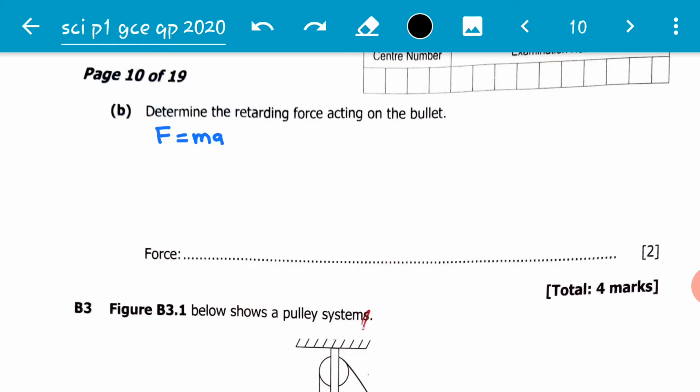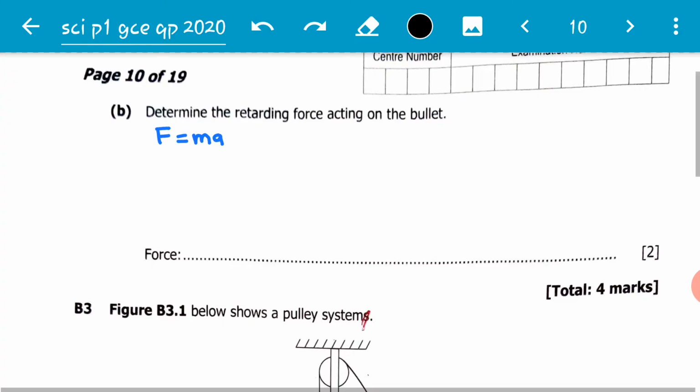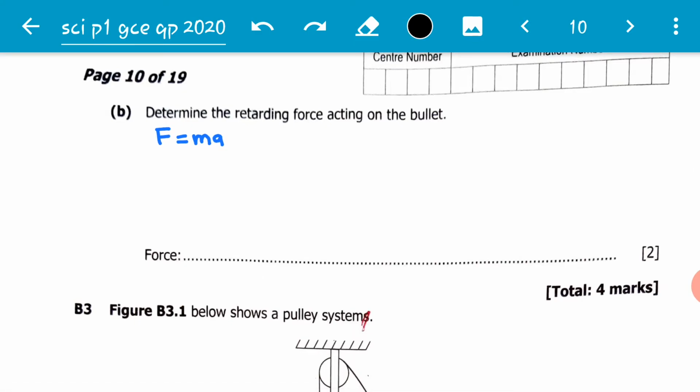So we know that the mass of the object is 50 grams. Now, whenever we are solving questions involving mass or force, we are not supposed to use mass in any other units apart from kilograms. So we need to convert the 50 grams to kilograms. Mass is equal to 50 grams divided by 1000 grams per kilogram.